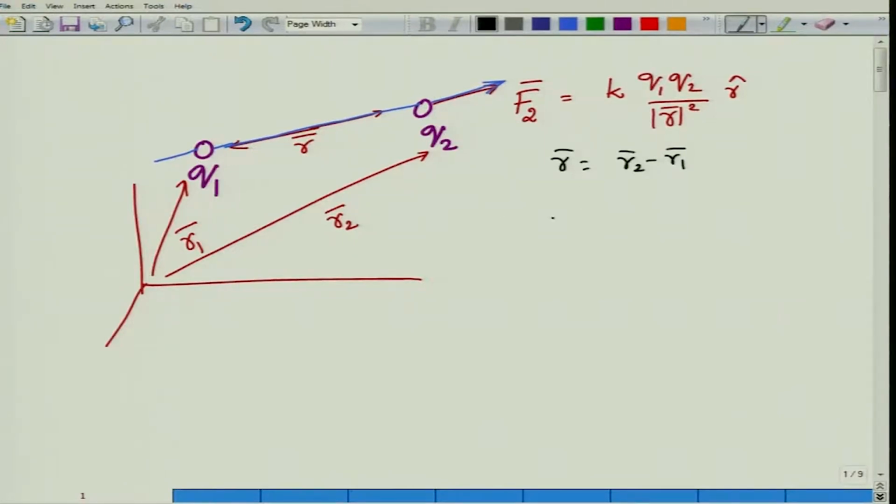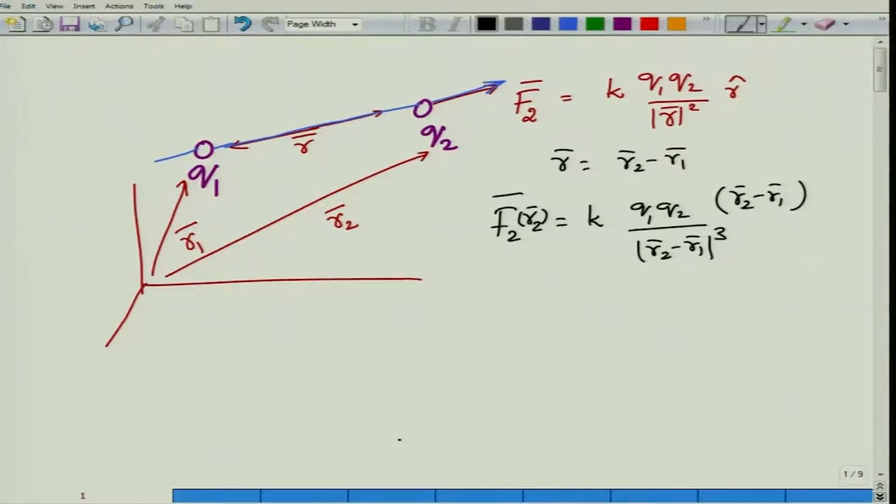Therefore, you could go back and rewrite this as constant k q1 q2 divided by the magnitude of r2 minus r1 cubed, times the vector r2 minus r1, okay, because the vector r2 minus r1 divided by its magnitude will give you the unit vector. So, this is how you would write in the modern way the force experienced by the charge q2, which is kept at position vector r2 in space.